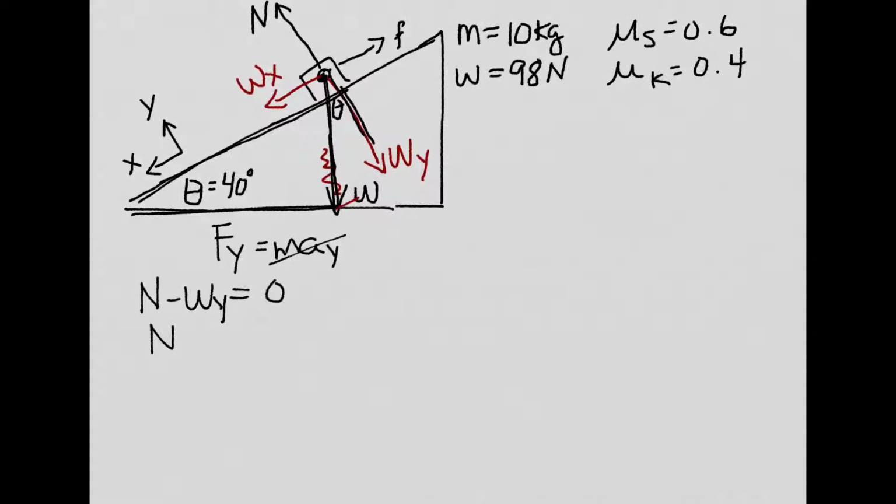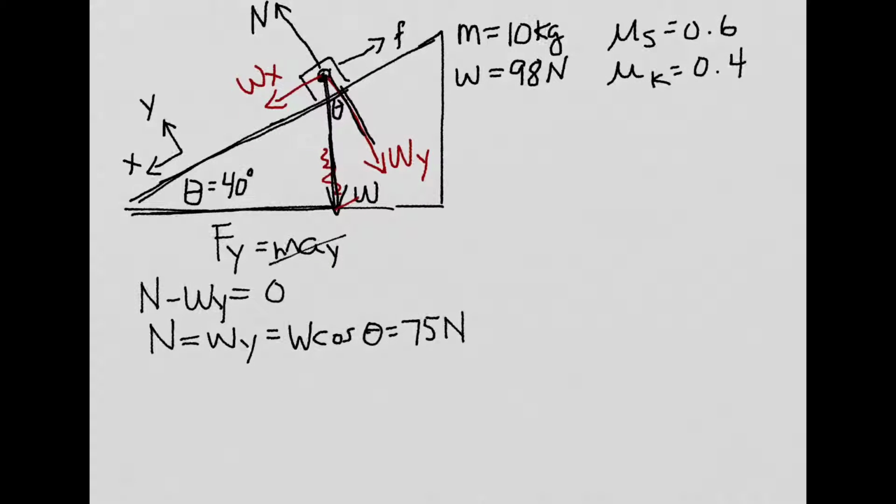So N equals Wy. And how do I find that? Well, from trig, Wy is the adjacent, W is the hypotenuse, so this is W cosine of that angle. Please take a moment to confirm that for yourself. And when I put those into the equation, that equals 75 newtons.